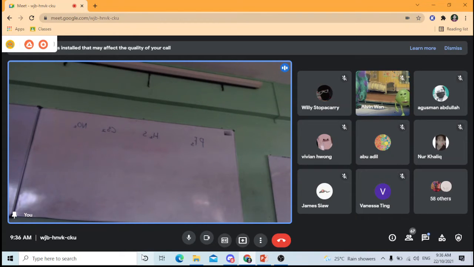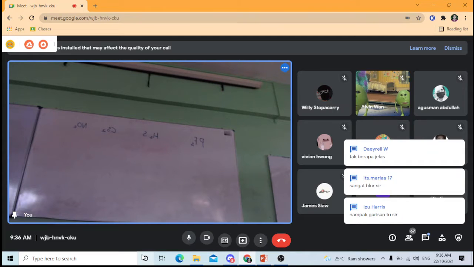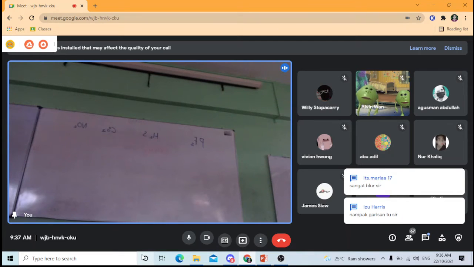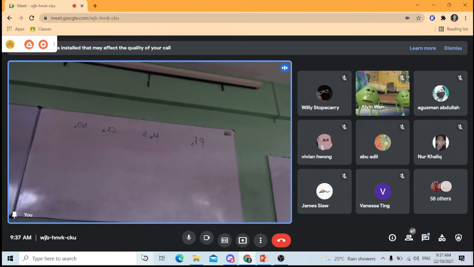Is it blurry? Can you see those molecules? The question asks you to explain the difference in bond angle. So pretty much it asks about bond angles in pairs of molecules or ions.